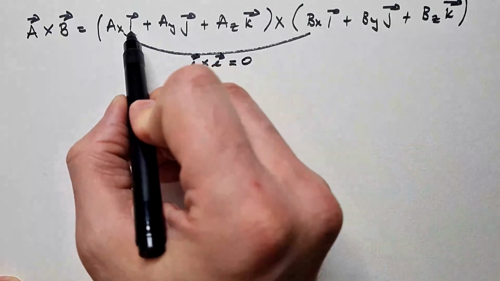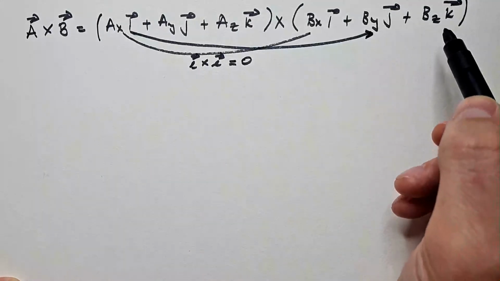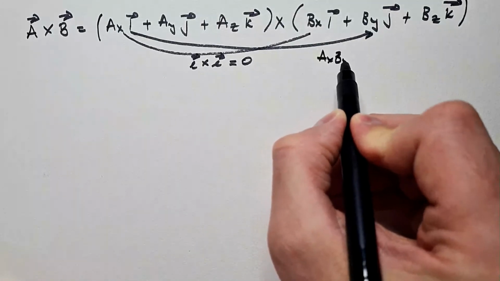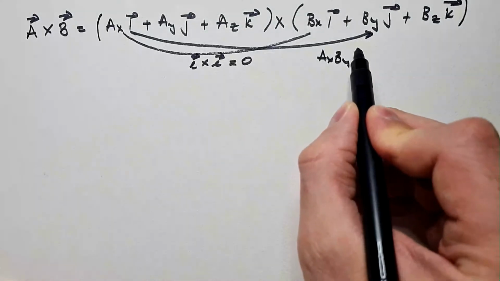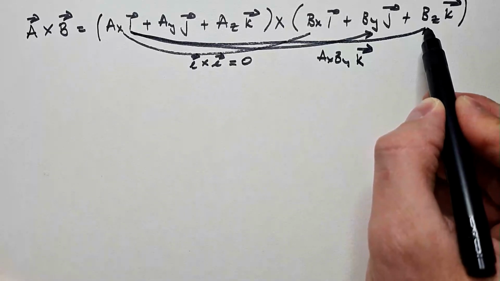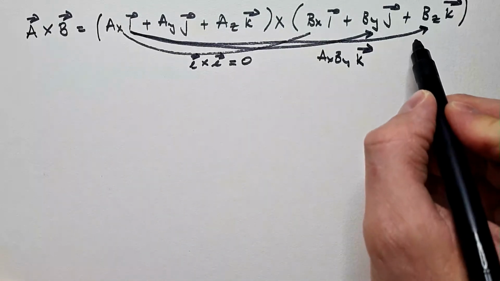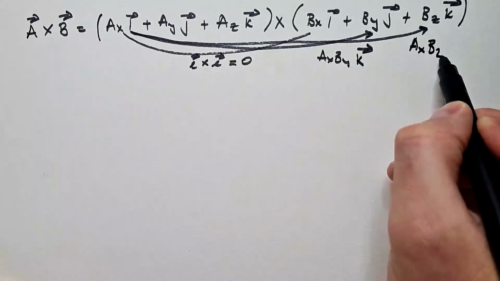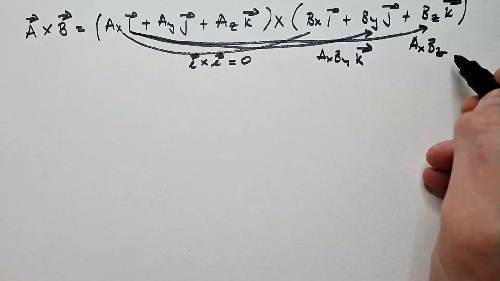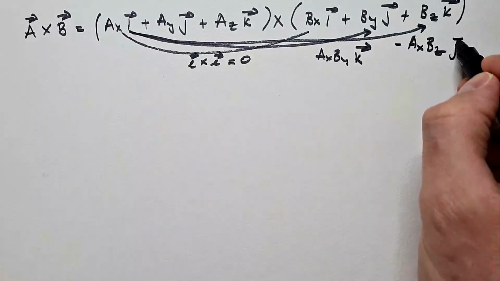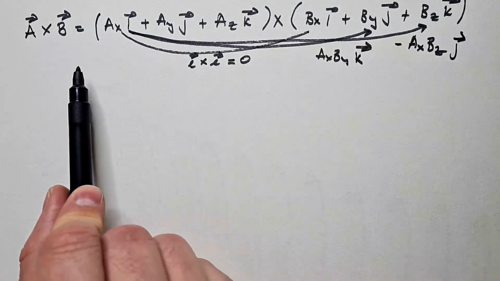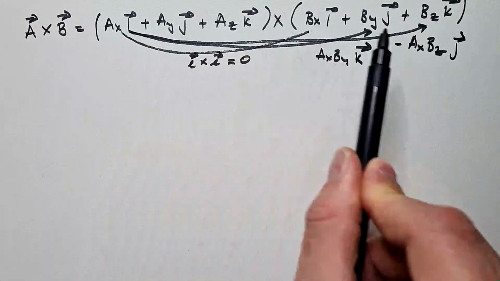So this one doesn't exist. Then I take this one, i cross j will be, for example, A_x B_y, and i cross j will have k component. Then you take this one with the last term here, it would be A_x B_z. i cross k, that should be minus j. So that would be minus j. And now you can continue on your own and see how you can compute cross product component by component.